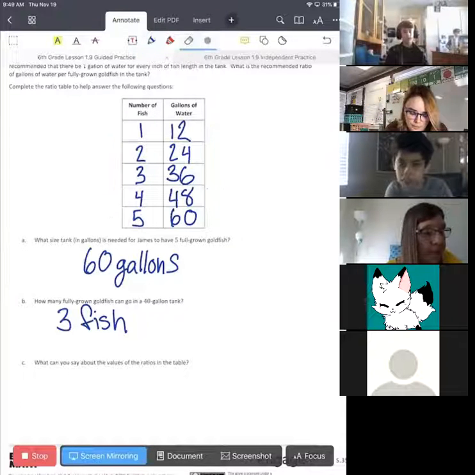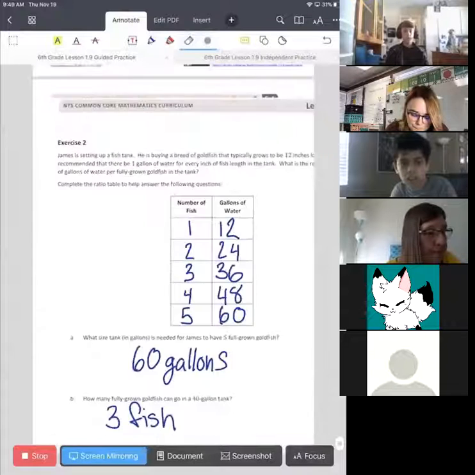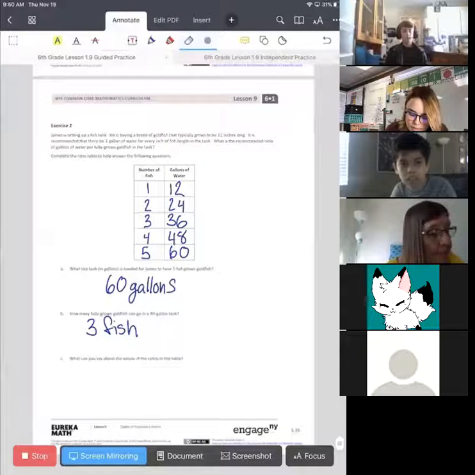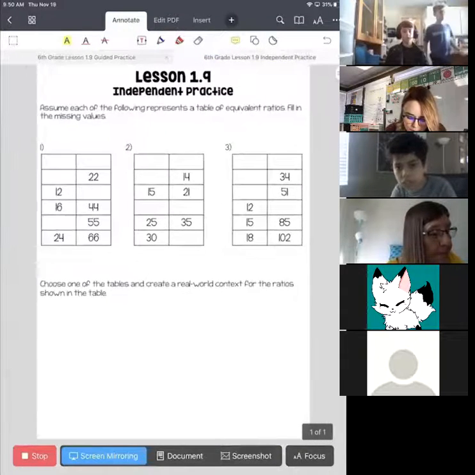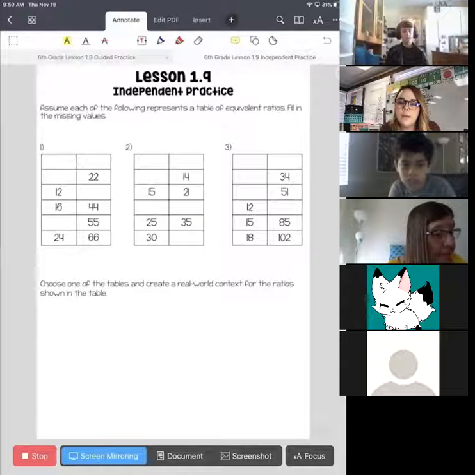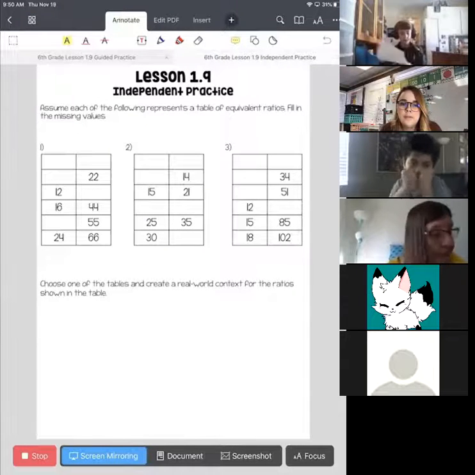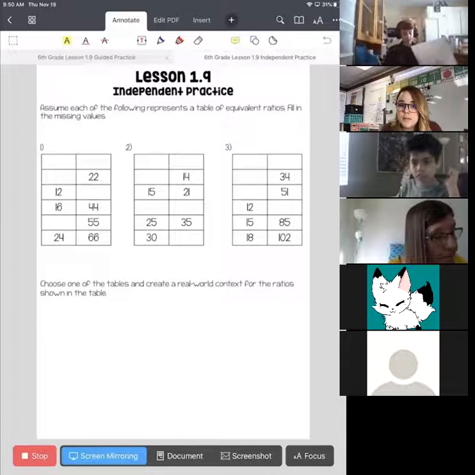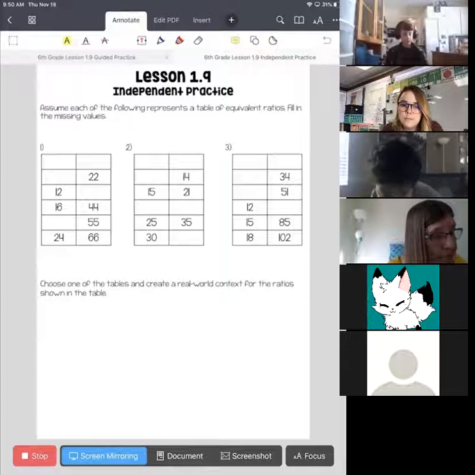Okay. All righty. So let's very quickly take a look at independent practice. For independent practice, you have 3 ratio tables to fill in. So you're assuming that each of the following tables represents a table of equivalent ratios, and you're filling in the missing values.